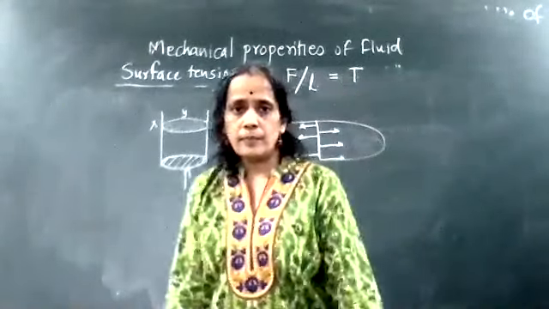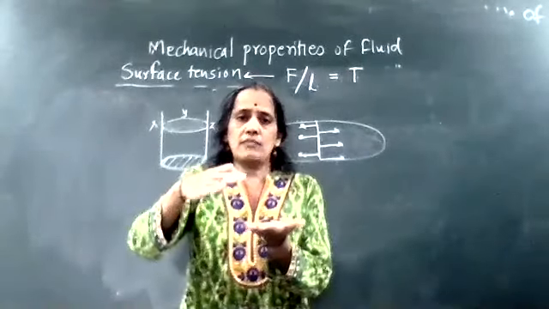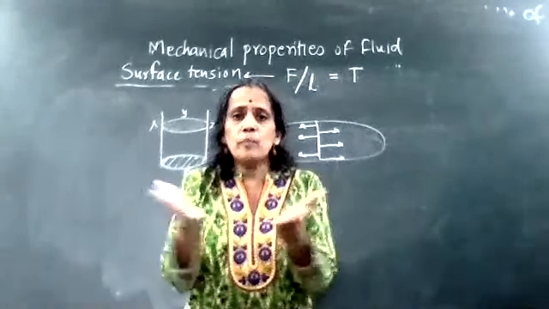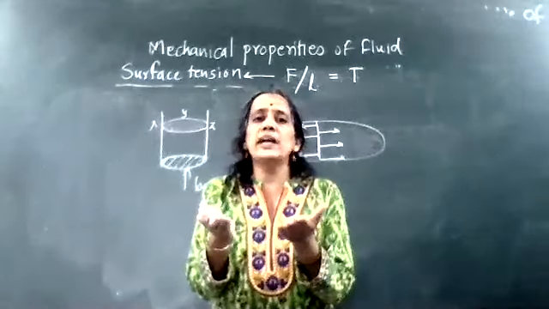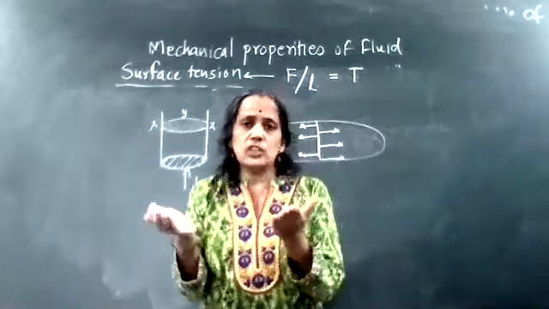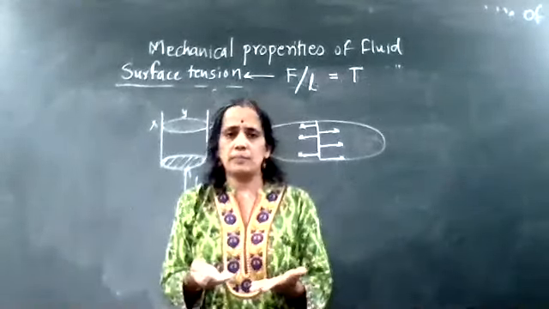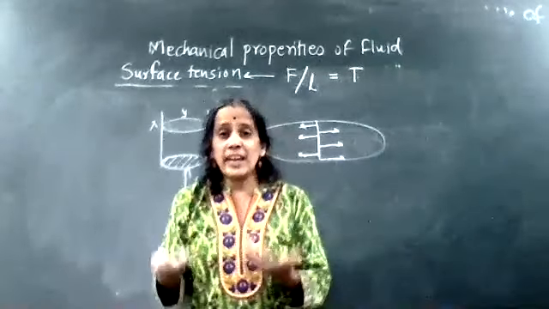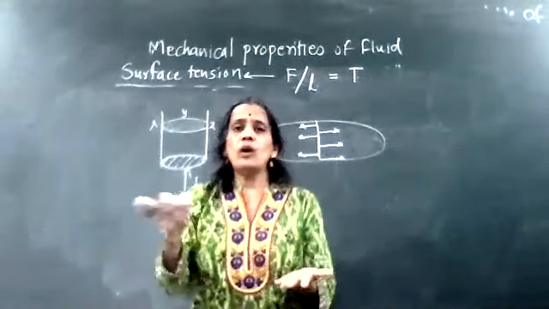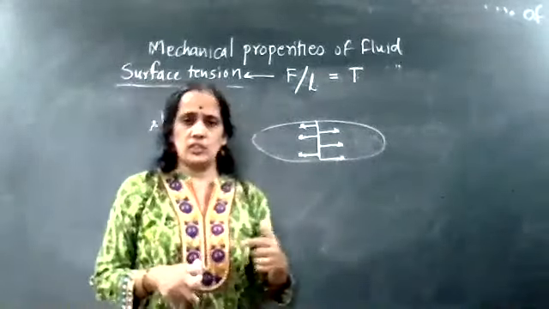As this tangential force acts over the surface, it tries to minimize the shape of the liquid surface, and it creates a tension over the surface. That's why the term is called surface tension.